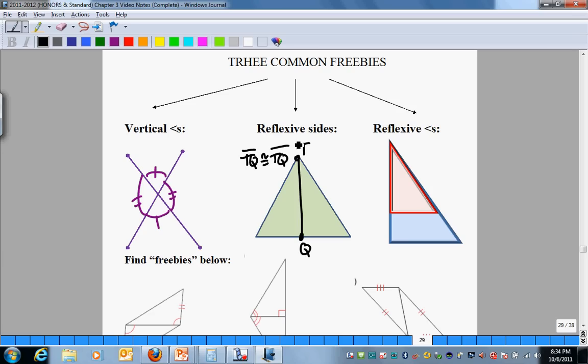These two triangles overlap at exactly that angle right there at the corner. That angle is shared by both triangles. We would call that a reflexive angle.